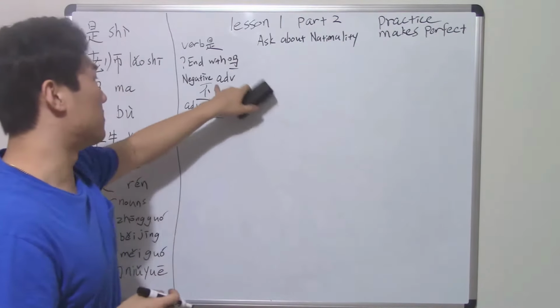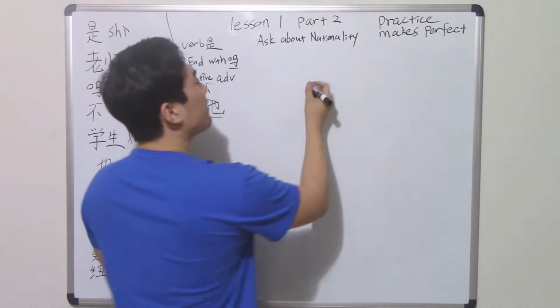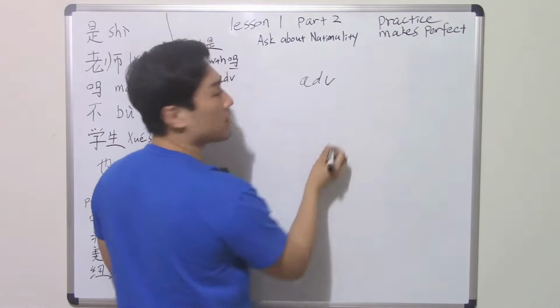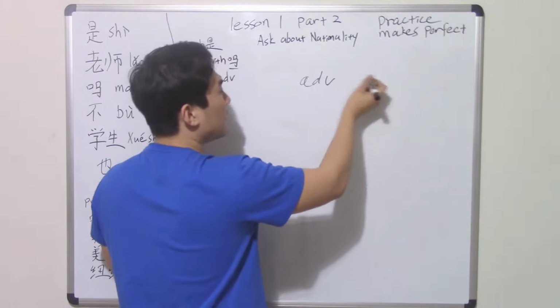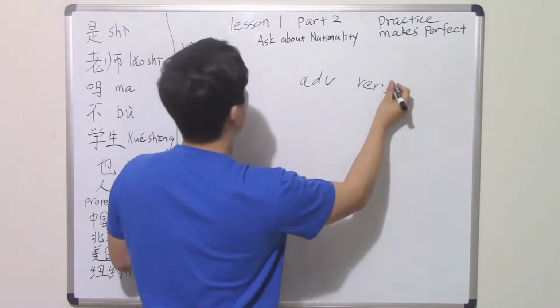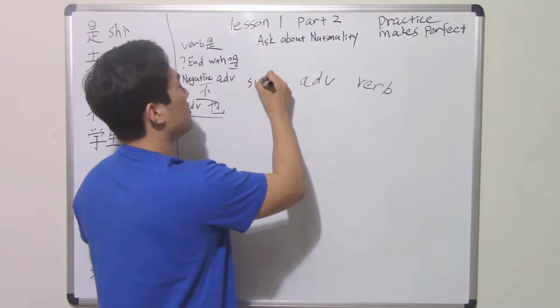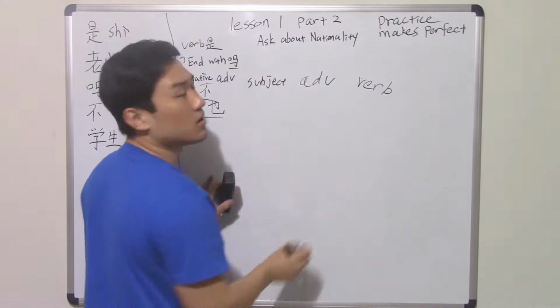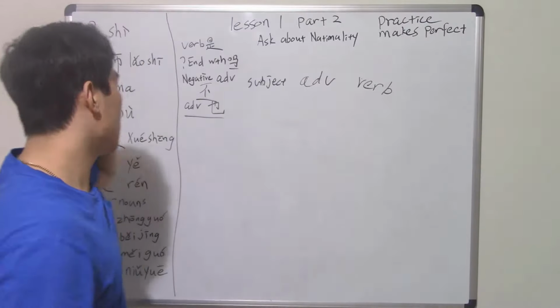So it's very similar to the 不 here. Whenever it's an adverb in Chinese, it will be in front of the verb and after the subject. So go subject, adverb, and then verb, okay?